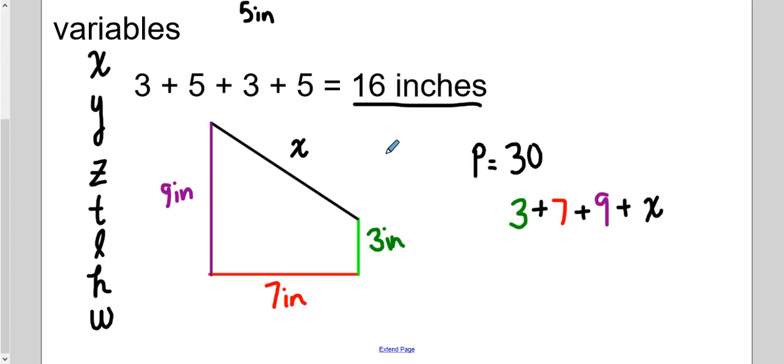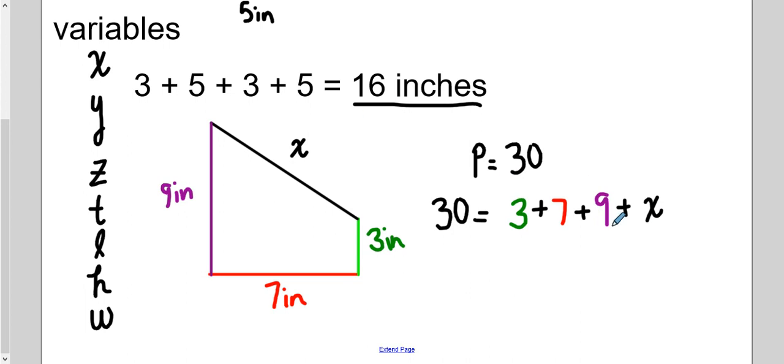We don't know what it is, but we do know that this whole thing added up is equal to 30. So how do we find this missing side?